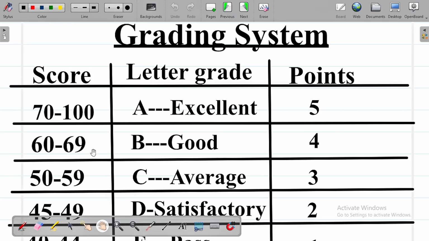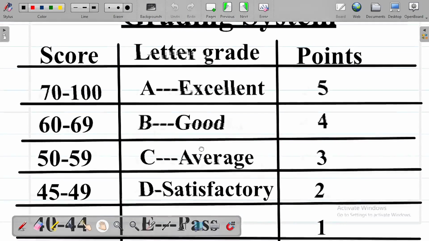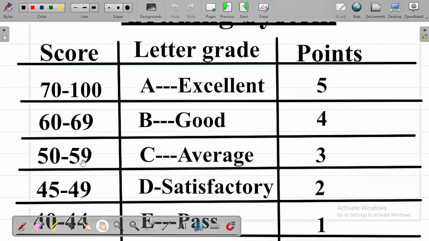If a student has 60 to 69 marks, the student has a B, and B is 4 points. If a student has 50 to 59 marks, the student has a C, and C is 3 points.